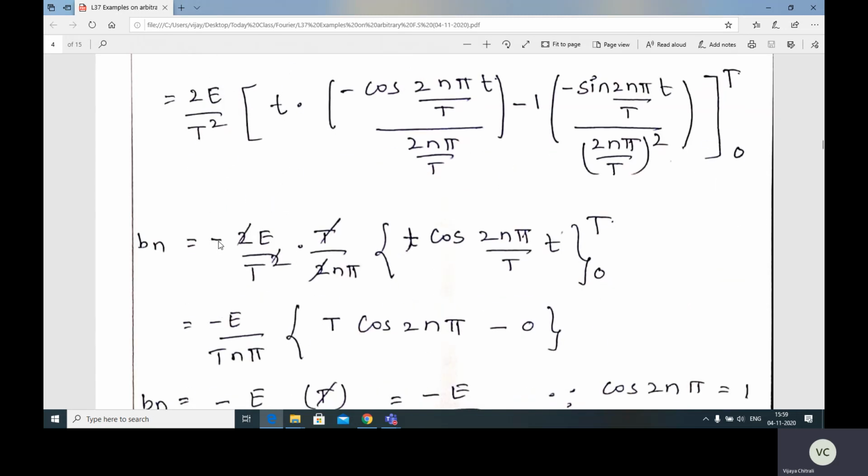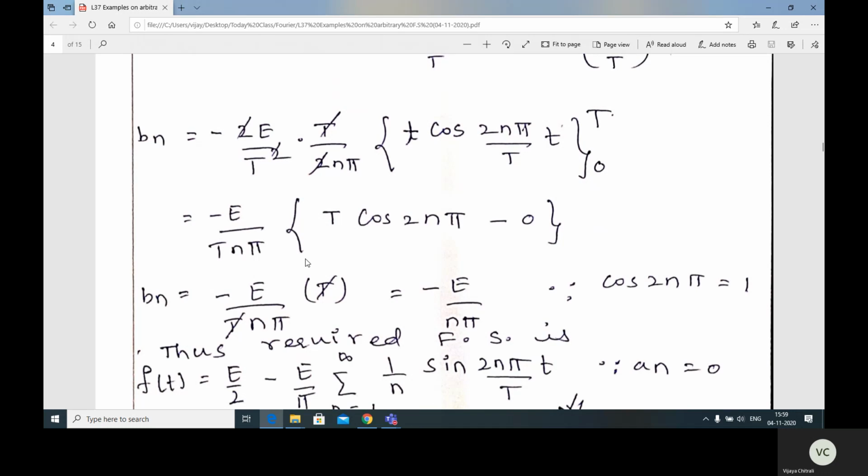So the next step is minus 2E divided by T square into T divided by 2n pi, t cos 2n pi t divided by T, limits vary from 0 to T. So the 2s get cancelled, minus E divided by capital T n pi, T cos 2n pi, minus 0.